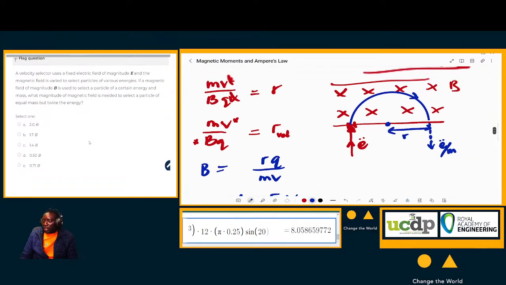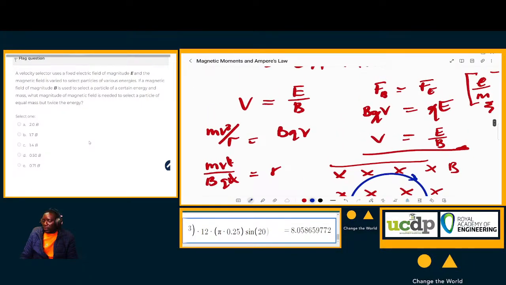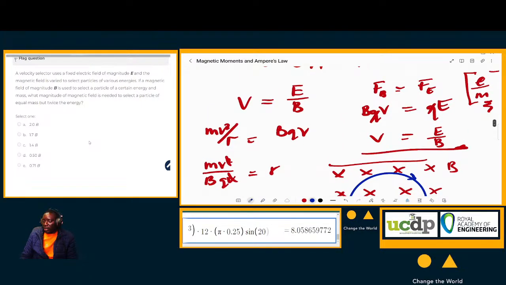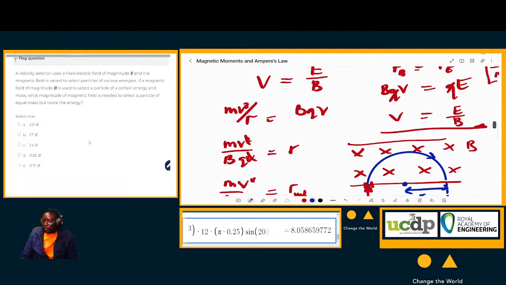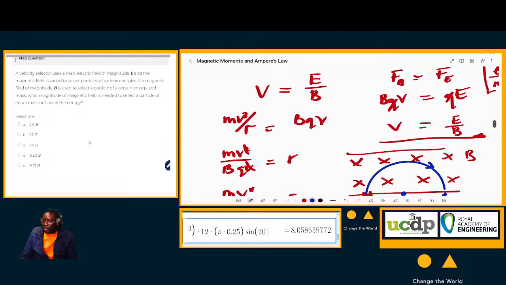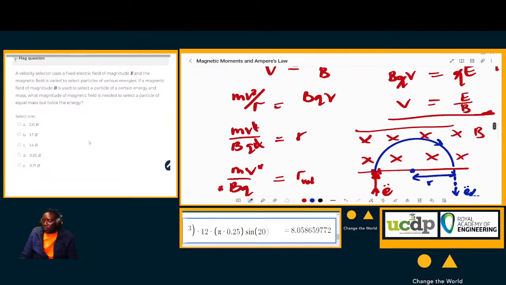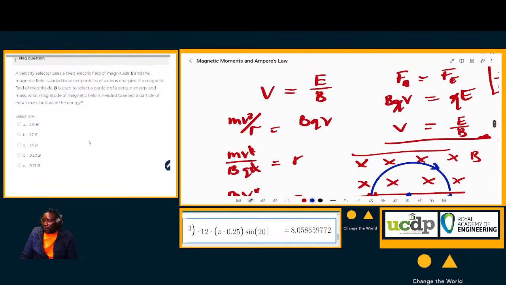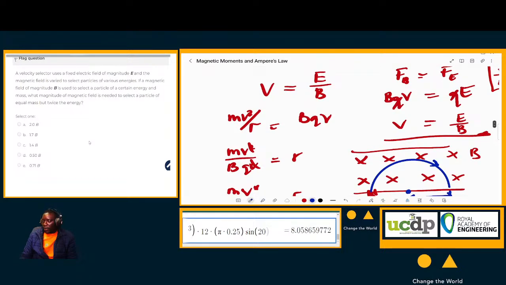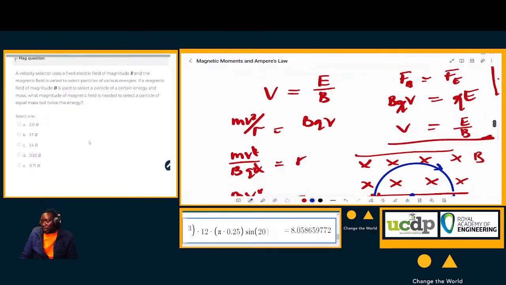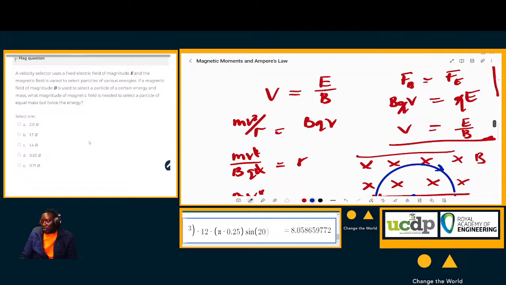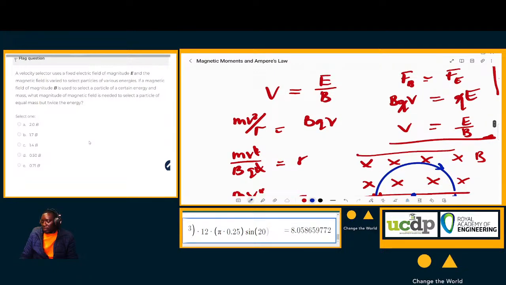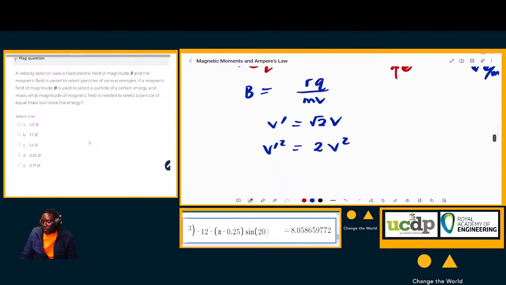Then we said we use this one to say V equals E over B. So if E is constant and we have root 2V there, I think that makes it B over root 2.